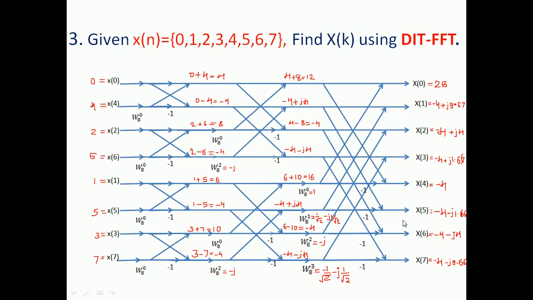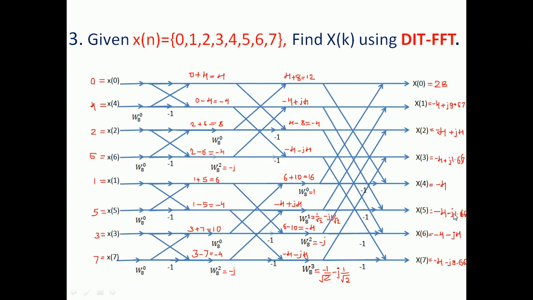So remember this, x of 5 is computed with addition of this minus 4 plus j4 with multiplication of this minus 4 plus j4 into 1 upon root 2 minus j upon root 2 into minus 1. So better you compute till x of 0 to x of 4. X of 5 is just the complex conjugate of x of 3, so only the sign of the complex part you have to change.